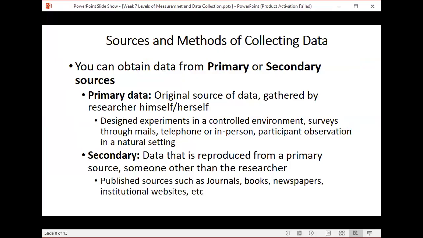All right. So what are the sources of data we normally go for? We have primary source, we have secondary source. The primary data source is the one that you, the researcher, gather yourself. Okay, so you design your questionnaire, you take it out there, people will answer the questionnaire for you.